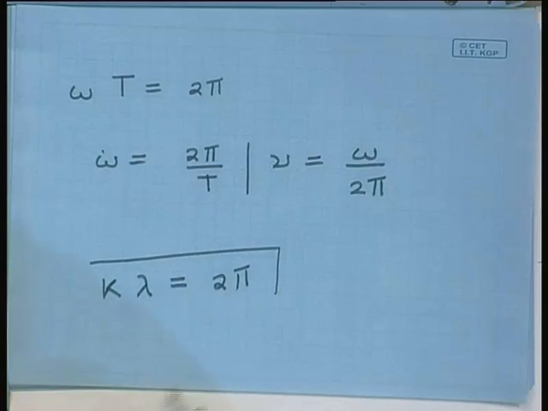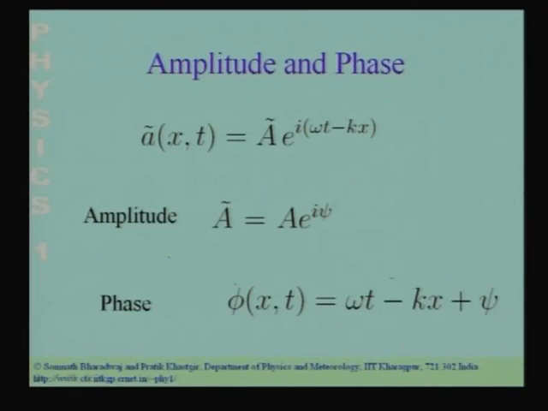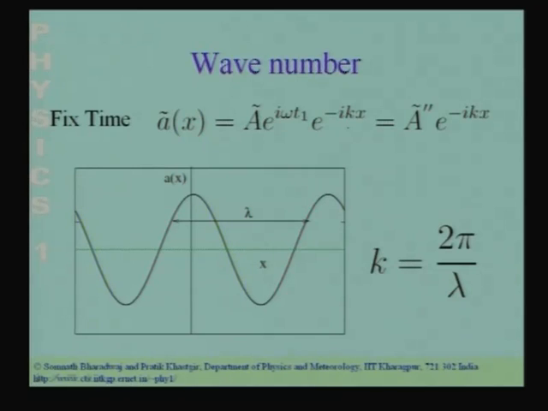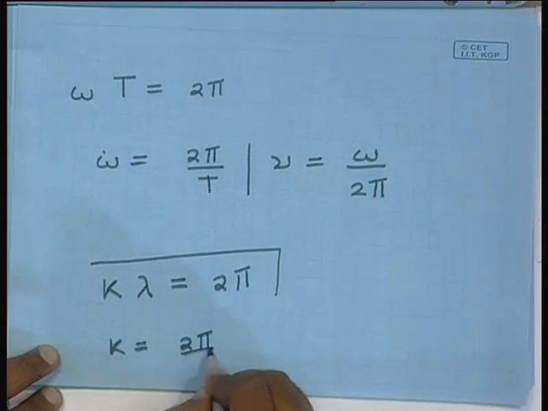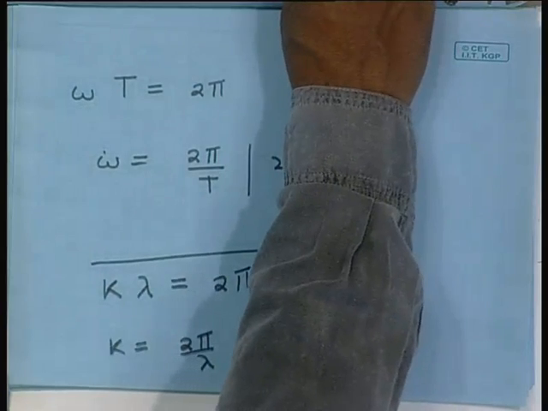This tells us that the constant k which appears in the equation for the sinusoidal plane wave is related to the wavelength by k is equal to 2 pi by lambda, and k is called the wave number. Lambda is the wavelength and k is called the wave number.